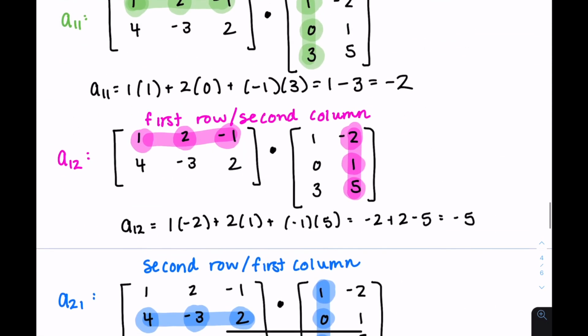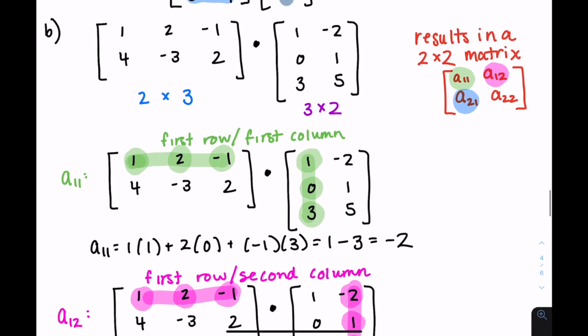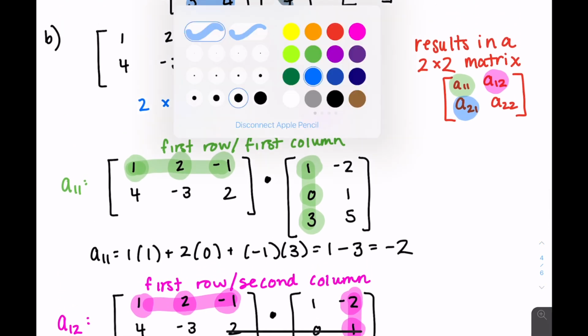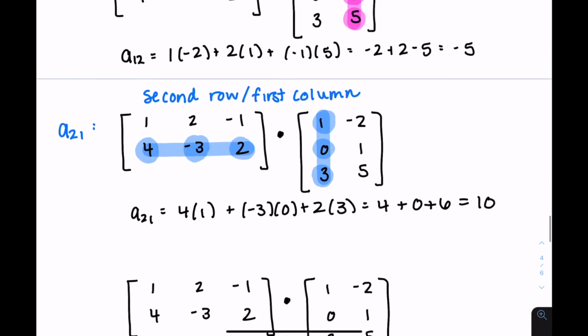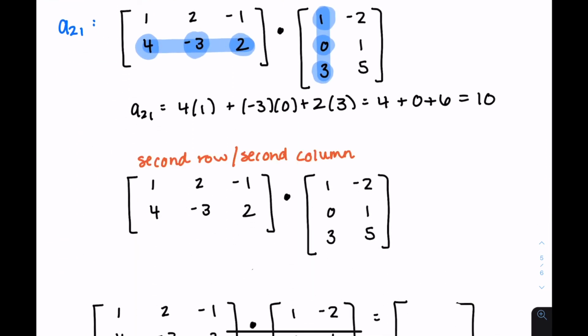And then finally, the last position that we have to find is A22. So that's the second row, second column. So within both of these, I'm going to look at the second row in the first one and the second column, and this will give me A22.